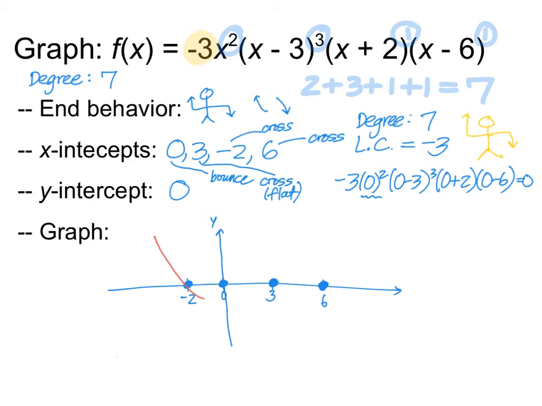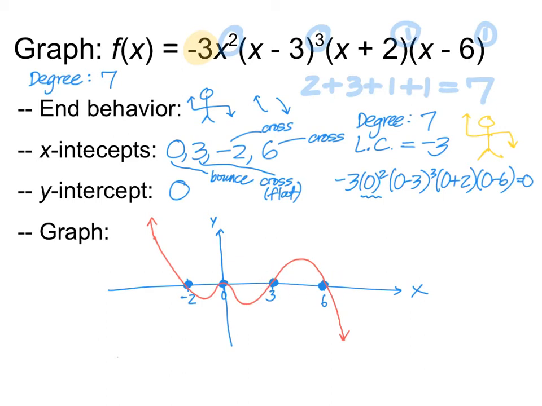Then I bounce off of the 0, cross the 3, and cross the 6. And here's my graph. To reiterate, I need to cross there, bounce there, cross here, and cross here.